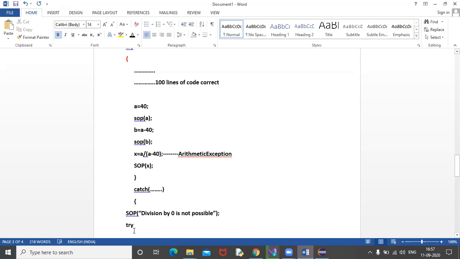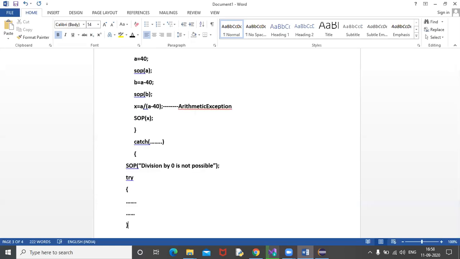So what is a try block? The programmer should write the statements about which he is doubtful, whichever he has doubts of encountering an exception in, inside a try block. If I am doubtful, I am going to put them there.